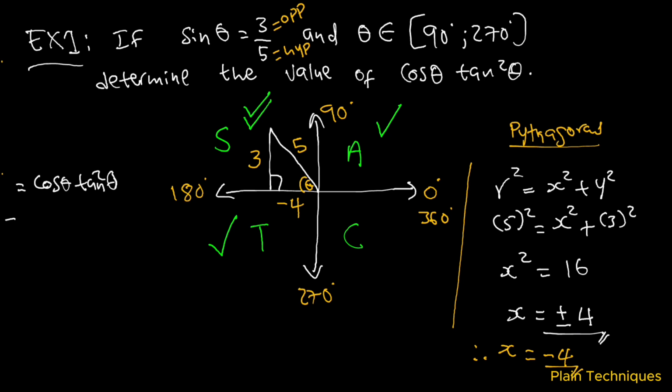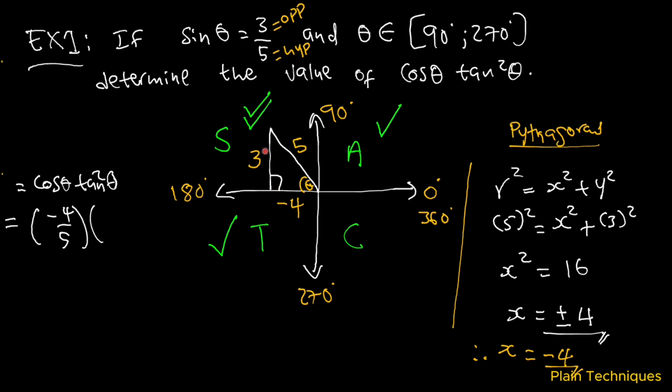Okay, all right, what is cos? Go back to our triangle. Cos is adjacent over hypotenuse, which is minus 4 over 5. Okay, minus 4 over 5. That is cos.